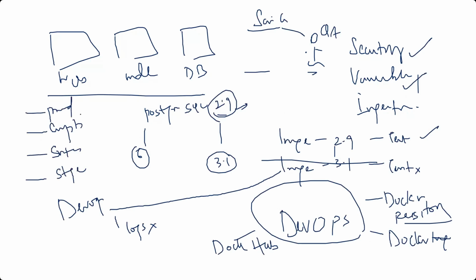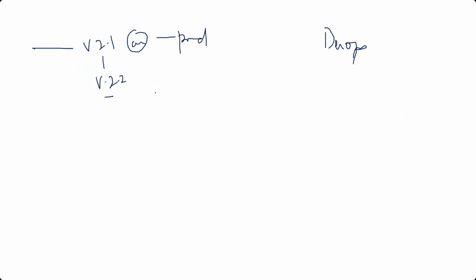So someone is trying to deploy something. Today they deployed version 2.1, some code in production. Now what will the DevOps engineer do when version v2.2 is released? He'll create a Docker template for stage. They will deploy this version.